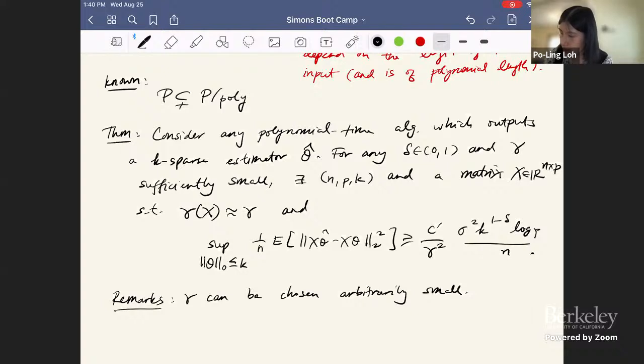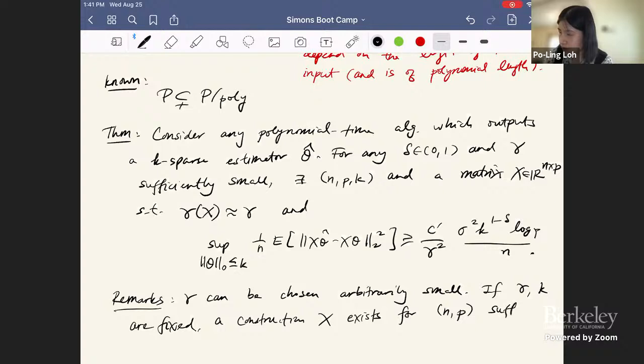And then if gamma and k are fixed, a construction of a bad matrix X exists for n and p sufficiently large.